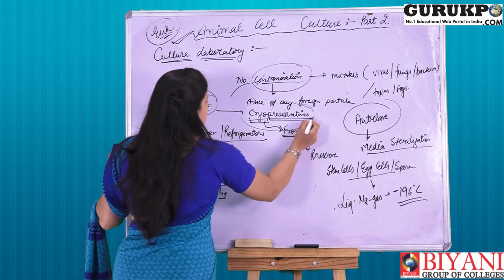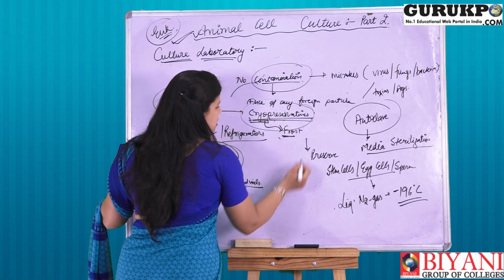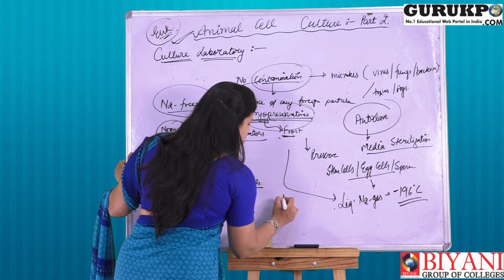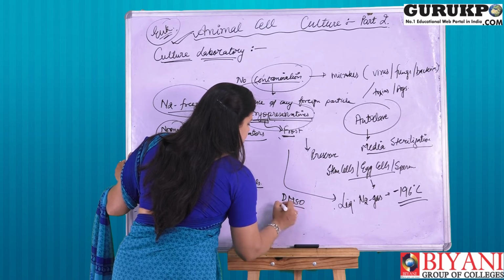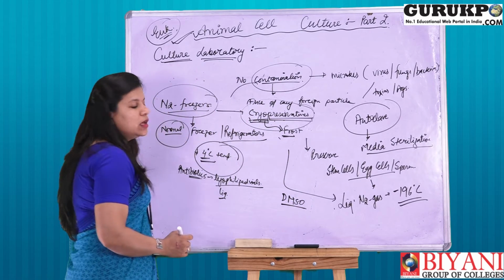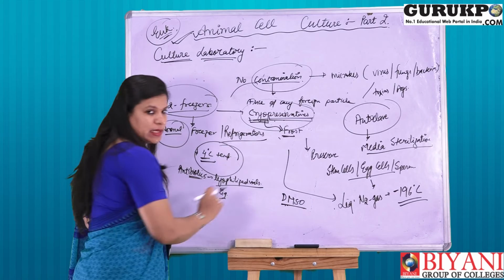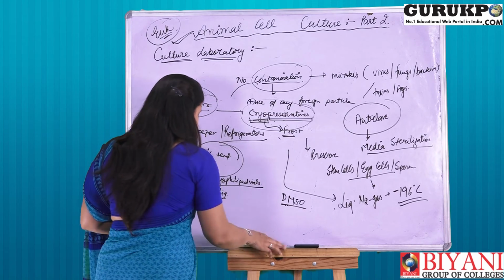So the basic thing about cryopreservation is the use of liquid nitrogen, or sometimes there is a chemical known as dimethyl sulfoxide, DMSO, also used as a cryopreservative, right?